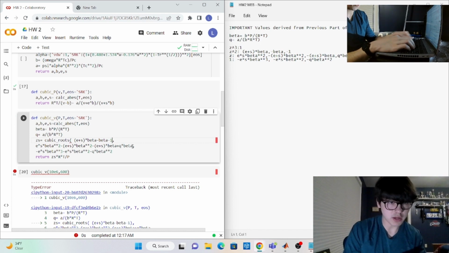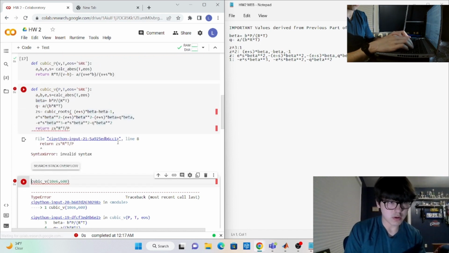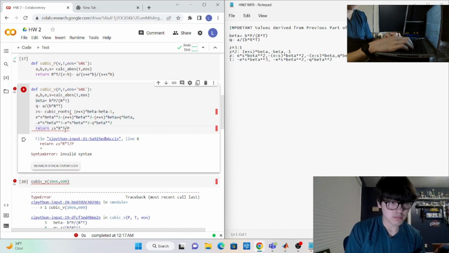Oh, I didn't mean to cut this out. Invalid syntax, line 8. What's wrong with this?